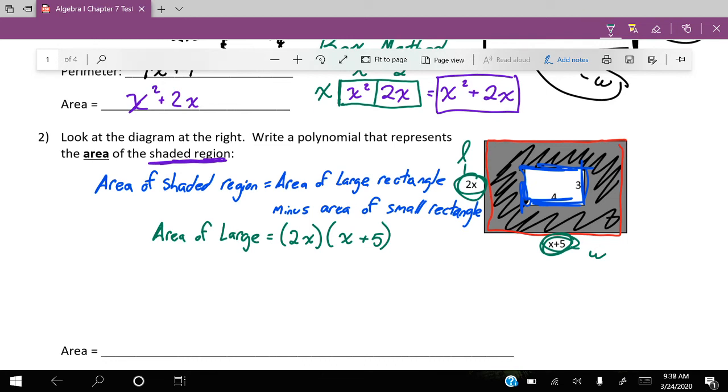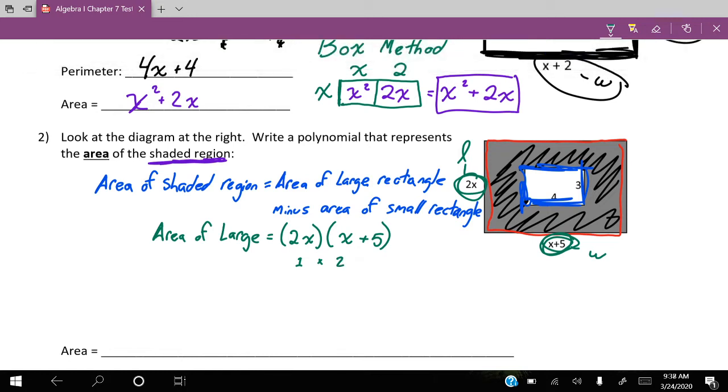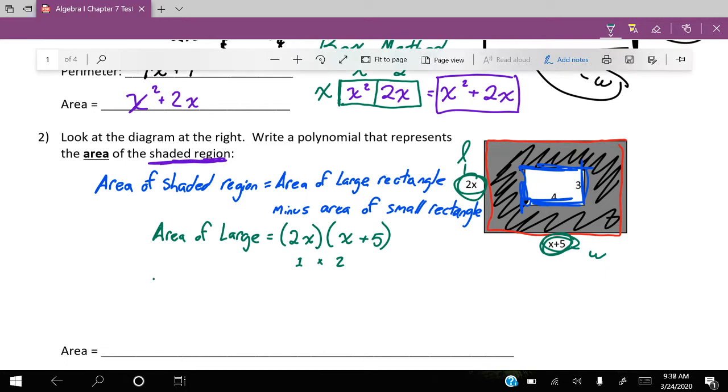Okay, so again, I'm going to do my box method, all right? I know that this length, 2x, is only one term, so it's going to be a 1 by, and then x plus 5 has two terms, the x and the 5. So I'm going to go ahead and do a 1 by 2 box method. I'm going to say 2x on the left, x plus 5 on the top.